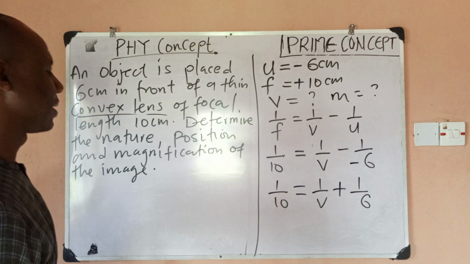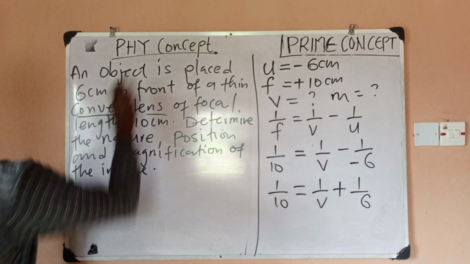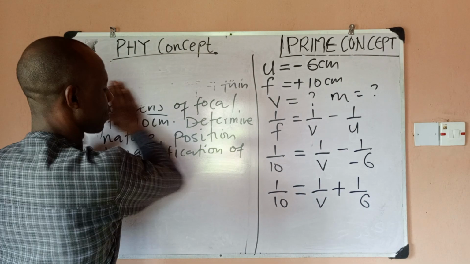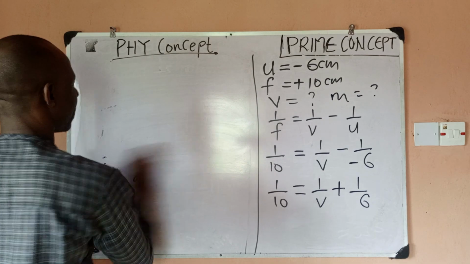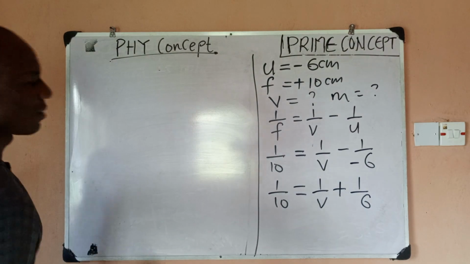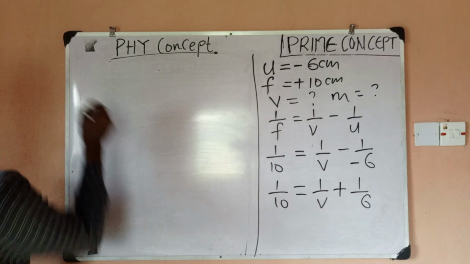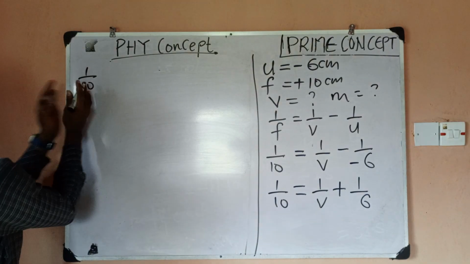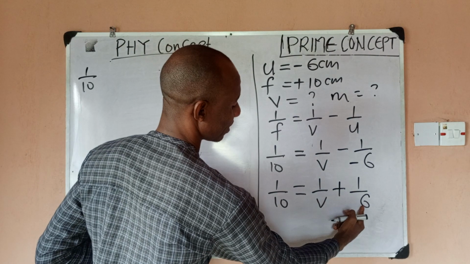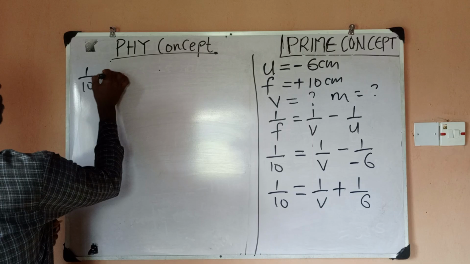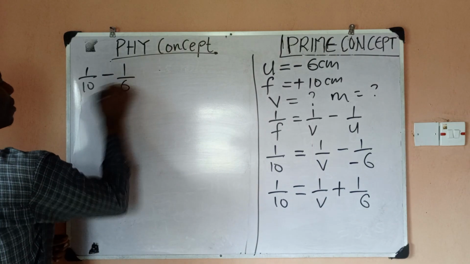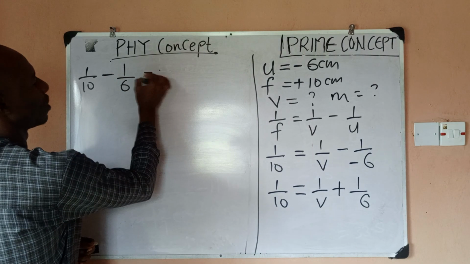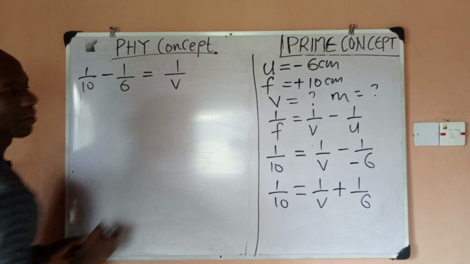If I move my 1 by 6 to meet my 1 by 10, I would have 1 by v as the subject. So I have 1 by 10, and since 1 by 6 is positive, when it crosses, it becomes minus 1 divided by 6, which is going to give us 1 by v.